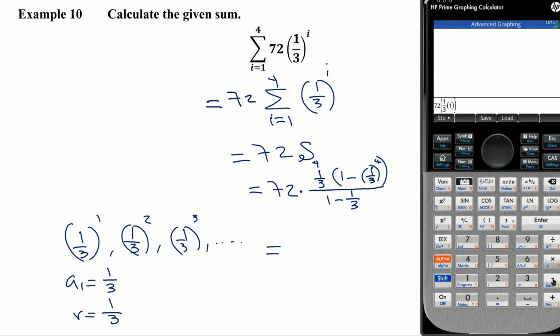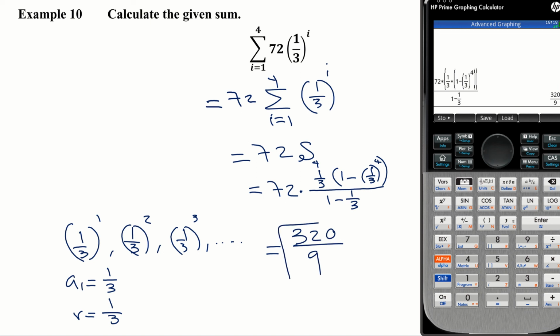So 1 minus yet another parenthesis for 1/3, and then get out of that parenthesis, raise it to the power of 4, and now we're going to exit all parentheses and then hit divided by 1 minus 1/3. Let's do a quick check, make sure we put it in correctly. 72 times 1/3 times 1 minus 1/3 to the 4, and then over that. That looks good, okay? So now let's see if we can turn that into a nice fraction. 320 over 9.